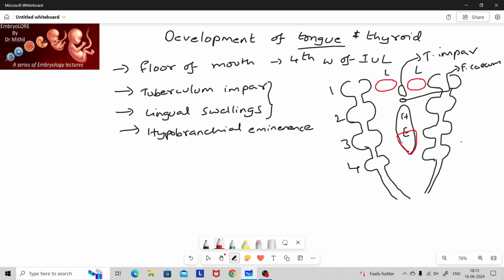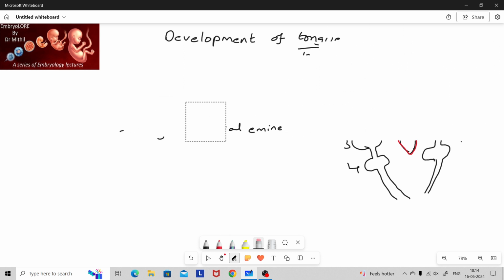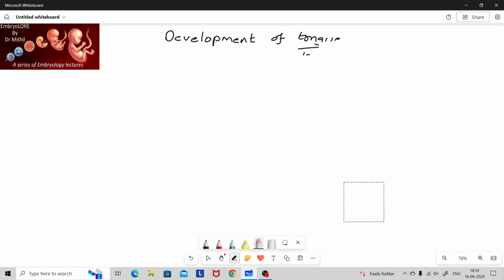Now we will try to understand how the various parts of the tongue develop. It is a very important short answer question often asked. So that is about the development. Now we will see it individually without the arches.